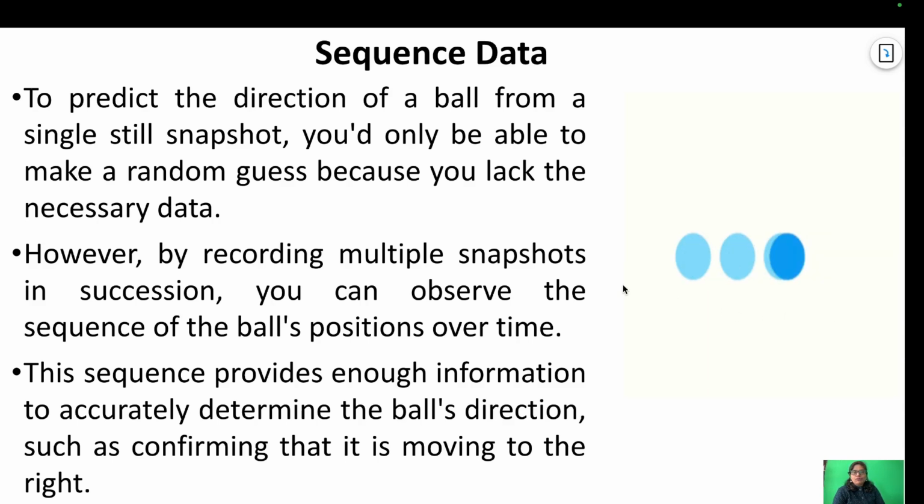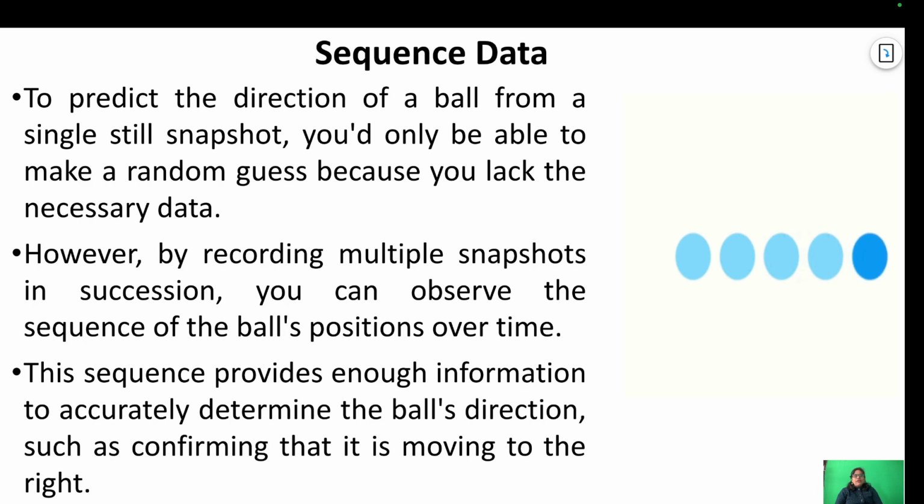To predict the direction of the ball from a single still snapshot, you are only able to make a random guess because you lack the necessary data. And here you can predict the direction of that particular ball: right side, left side, upside or downside.